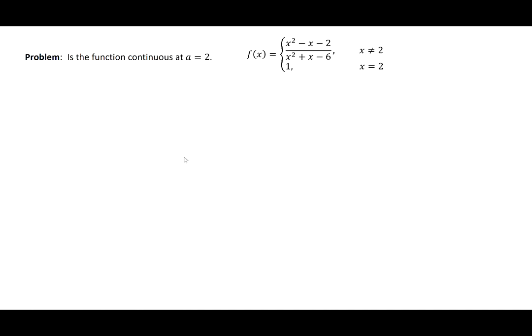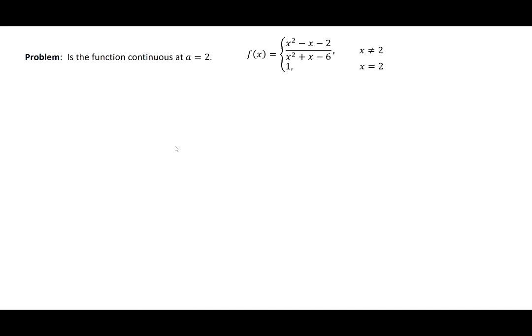Cool. So, can you figure out what the limit of f of x as x approaches 2 is in this case? Can you figure out what f of 2 is? The f of 2 must be an easy one. So let's go ahead and answer that. What is f of 2 in this case?